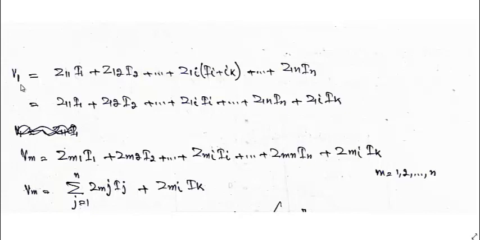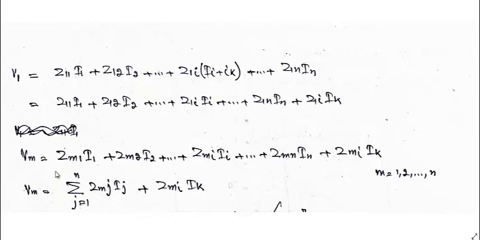So I will replace 1 with m. So Vm will be equal to Zm1 I1 plus Zm2 I2, and so on, plus Zmi Ii plus Zmn In, plus this Zmi Ik. This is the last term. So Vm will be equal to summation j equal to 1 to n Zmj Ij plus Zmi Ik.